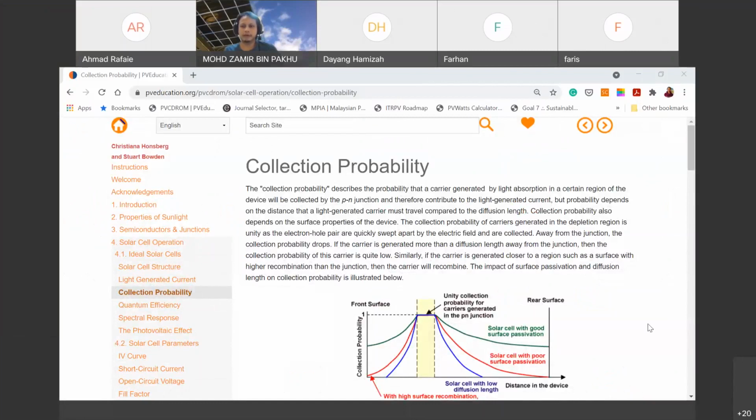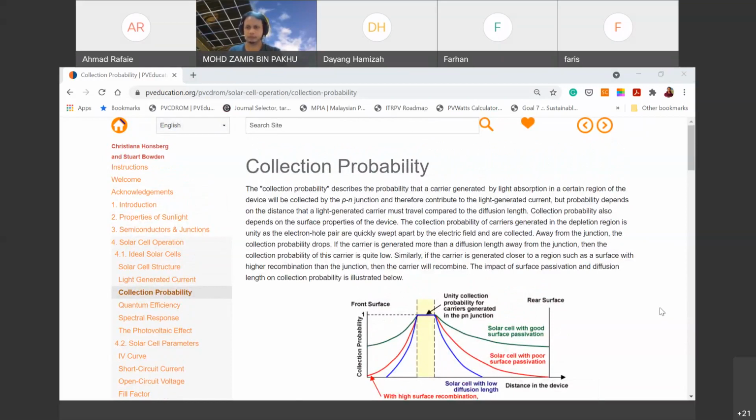So when discussing collection probability, you can also come to this website to read the elaborated version. This is for solar cells mainly, but the basics of the PN junction collection probability are the same as what we've learned before.